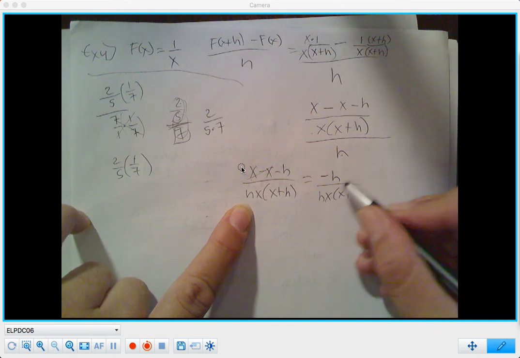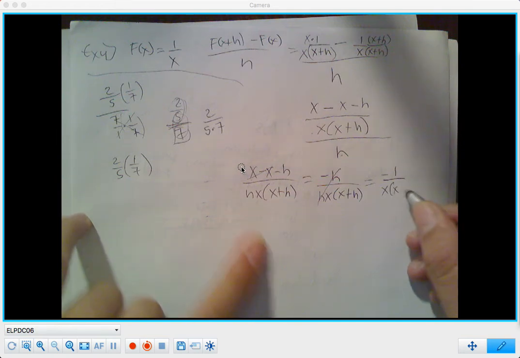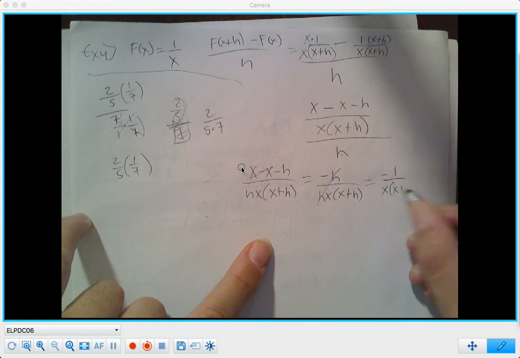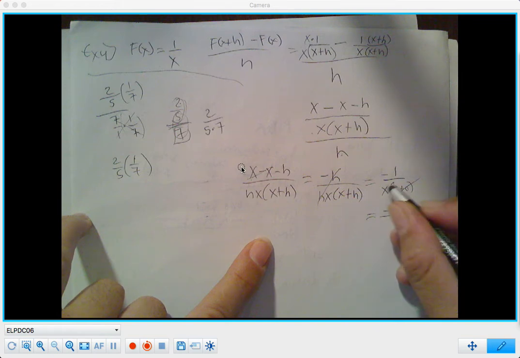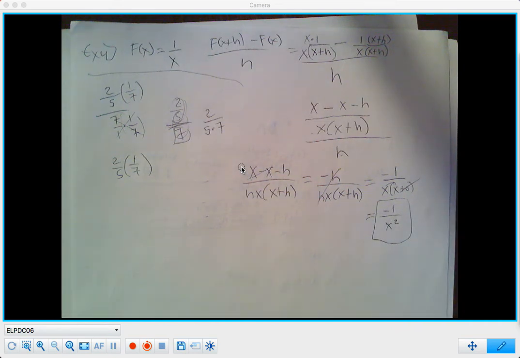This is a multiplication, so I can cancel the h. So I end up with negative 1 over x times x plus h. And then remember that h is 0, so I'm just going to put 0 here. What happens to 0? It cancels out. So now I have negative 1, and then x times x is x squared. Isn't that fun?